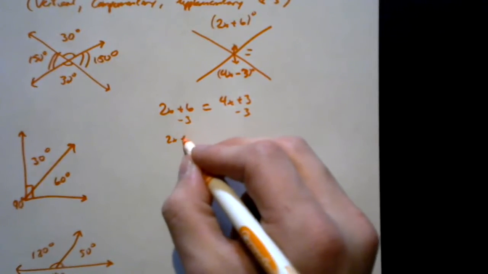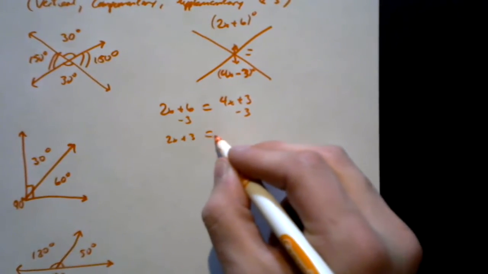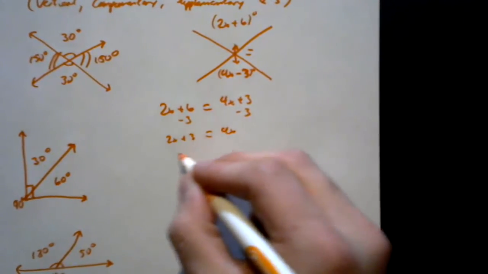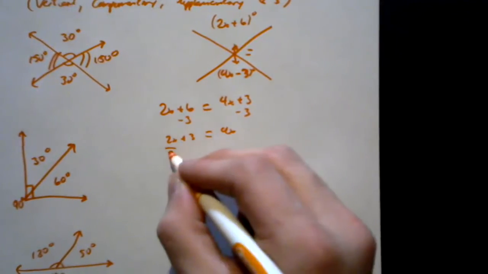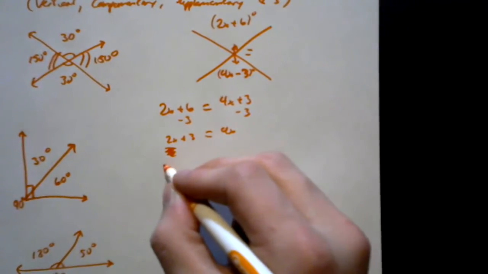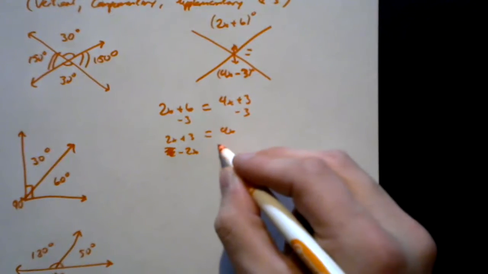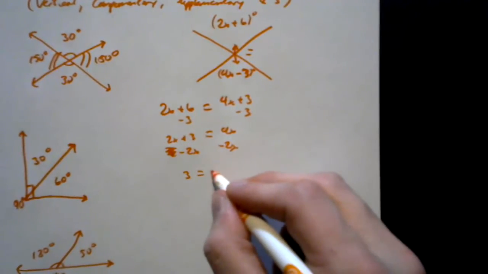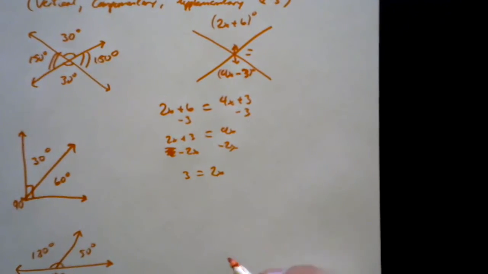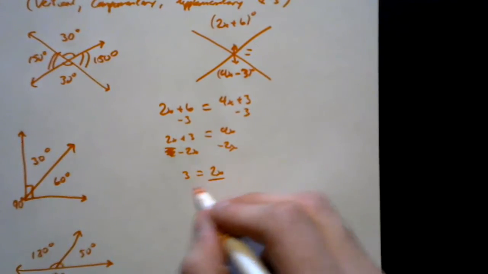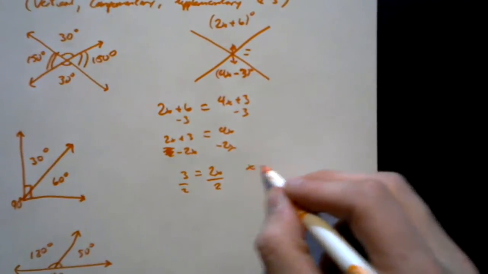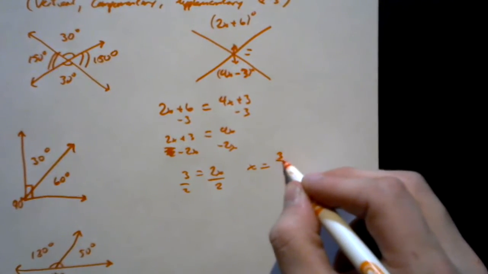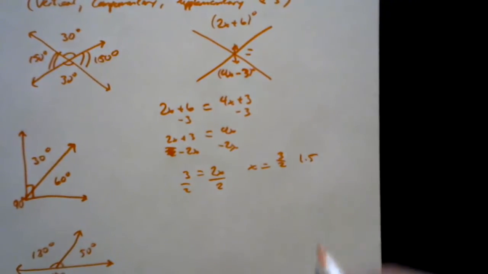You get 2x plus 3 equals 4x. And you are not divided by 2 yet. You gotta subtract 2x from both sides. So you get 3 equals 2x, divided by 2. X equals 3 halves, or 1.5.